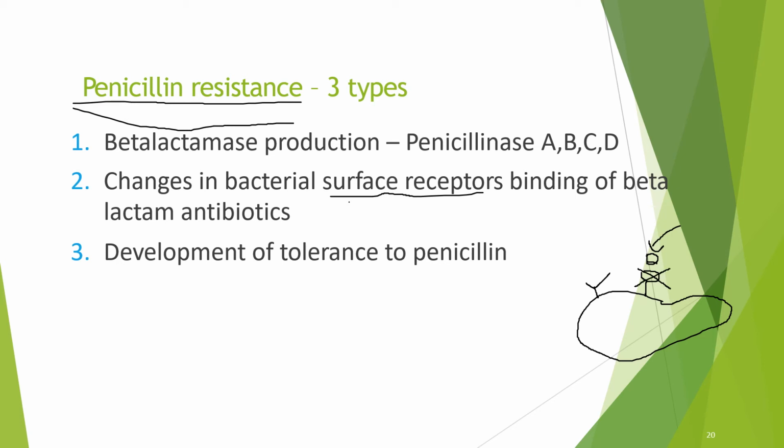If the receptor is susceptible, then only it can bind to this receptor. So this organism, with the help of a nucleus, changes the receptor, which results in escape from the binding of penicillin antibiotics, and hence it develops tolerance to penicillin.